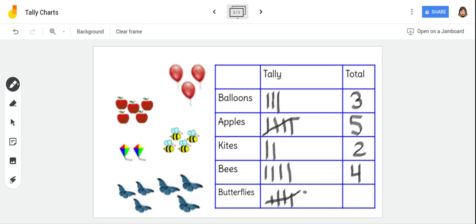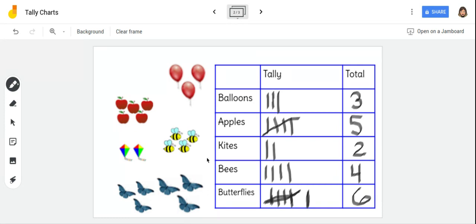And now 1 more. So 6. I have 1, 2, 3, 4, 5, 6 butterflies. And after you make your 5 go across, you start off the next group. So here's our 6th, our 6 tally marks. So here we are. We had 6 butterfly stickers.